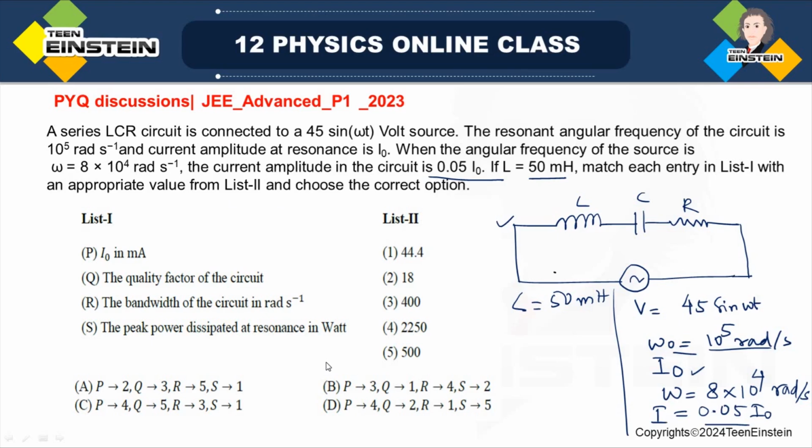So the problem is from LCR series circuit, connected to an alternating voltage source, and the voltage is given to be 45 sin omega t as you see here, and peak voltage is V0 which is 45 volt.